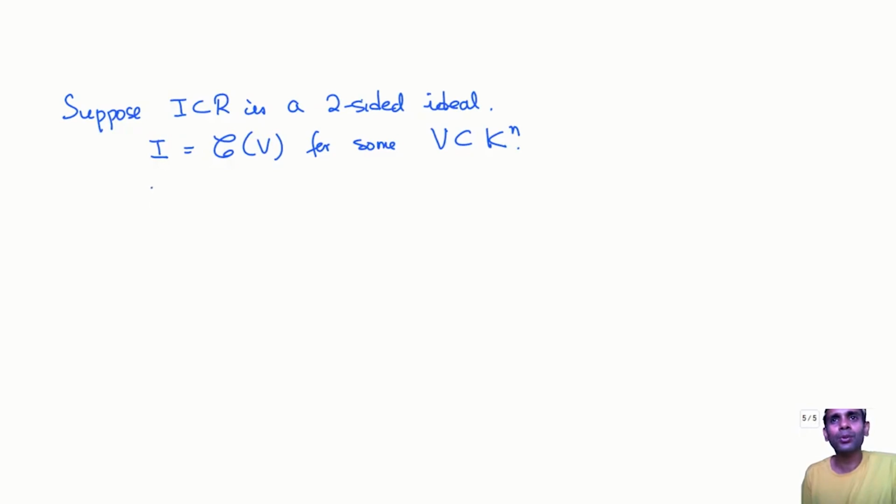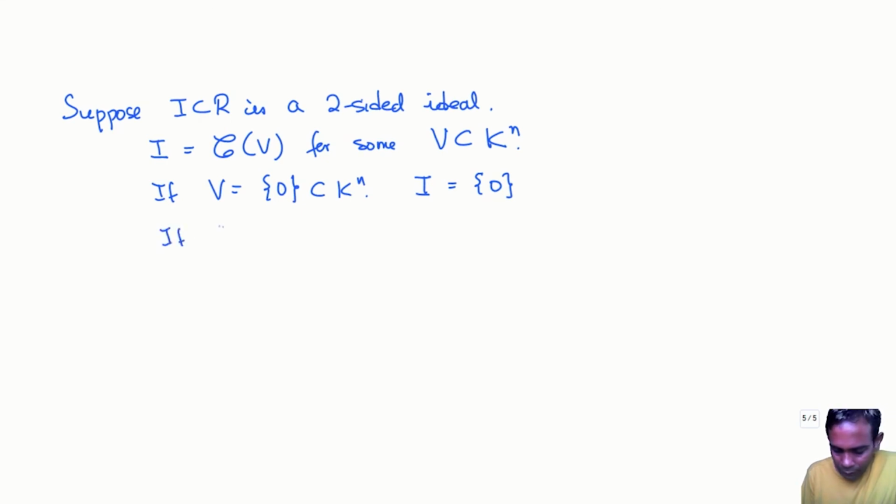Now consider two cases. Firstly, if V is the zero-dimensional subspace, so if V is just the subspace consisting of the single vector 0, then of course I is 0 itself, consists only of the 0 matrix just by the definition of CV.